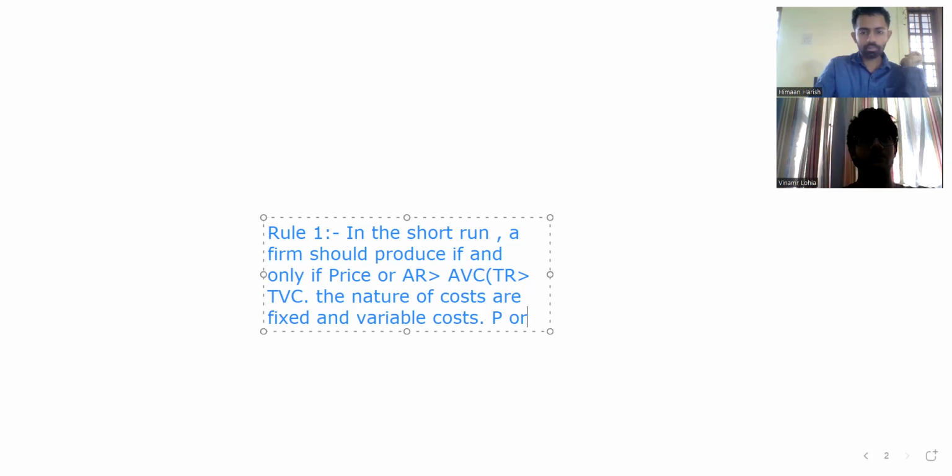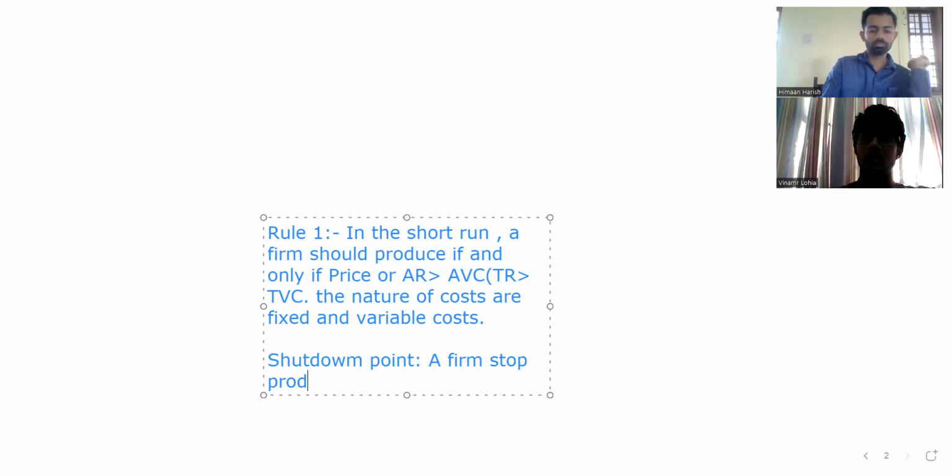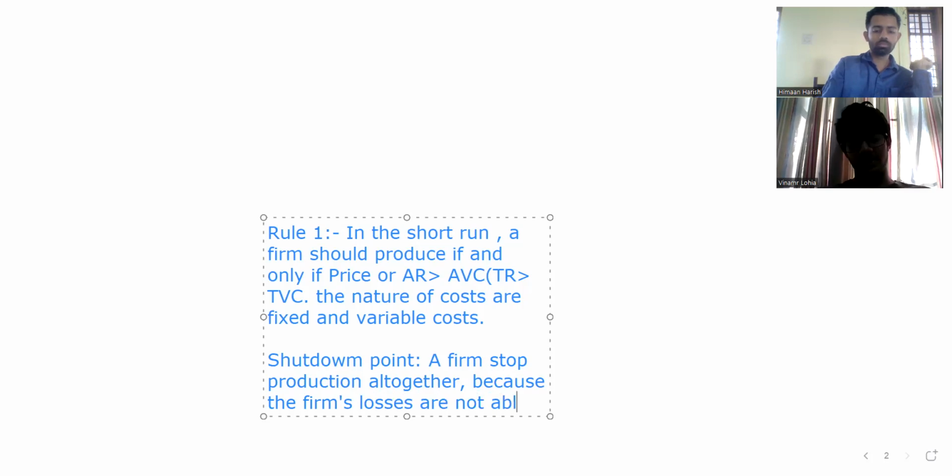There's a shutdown point as well. So what is the shutdown point? We did the concept of shutdown point in the main market forms. It is when a firm stops production altogether, because the firm is not able to cover the fixed costs as well.